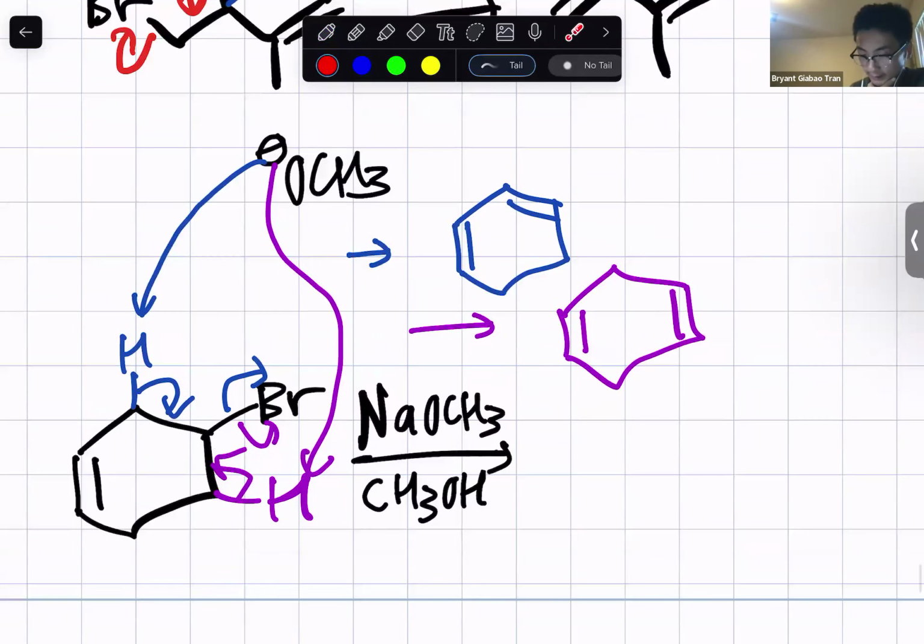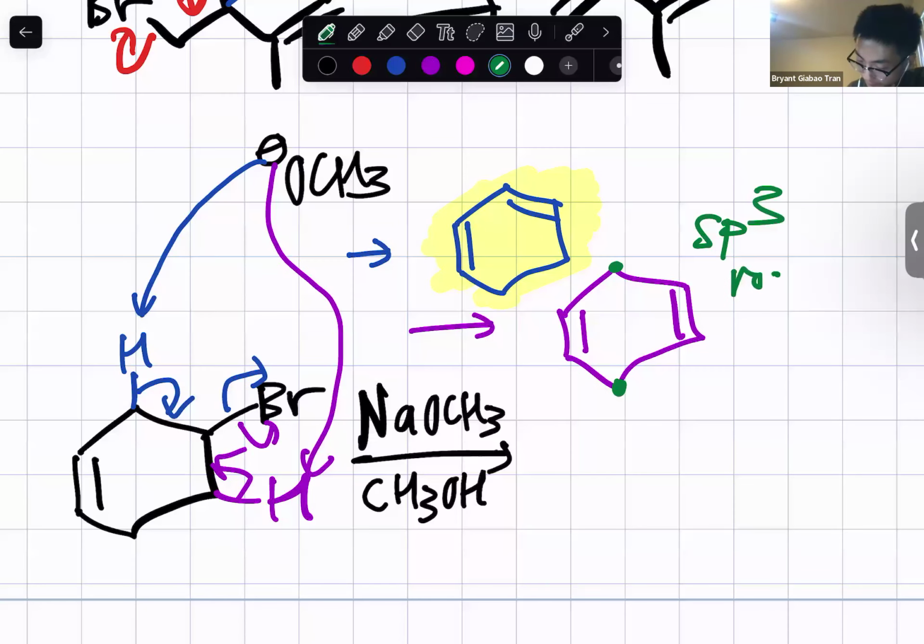Since this is conjugated, this is more stable than this one here because this one is not conjugated. We have sp3 roadblocks here, blocking resonance. Right.